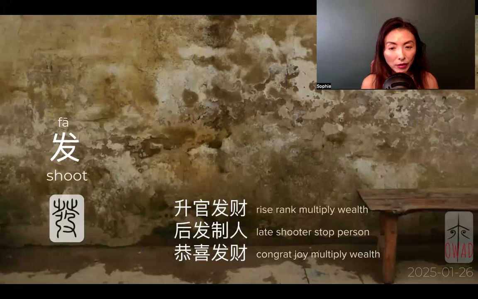And here we're talking about 后发制人, the one who is shooting later is going to stop the previous shooter, meaning because you're holding your arrow, supposedly a metaphorical arrow, you're waiting for your opponent to make the first move.